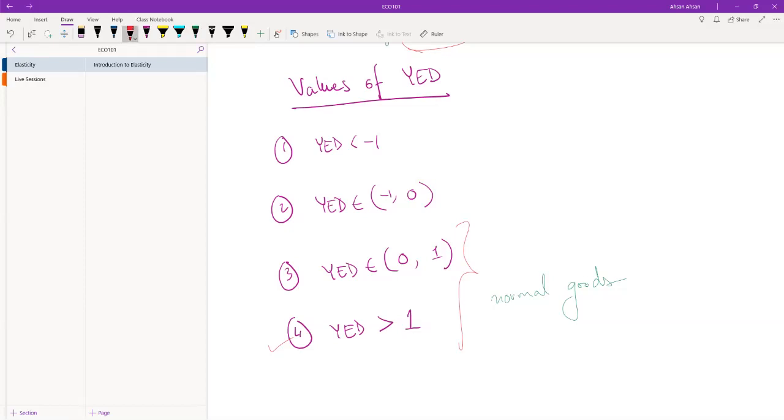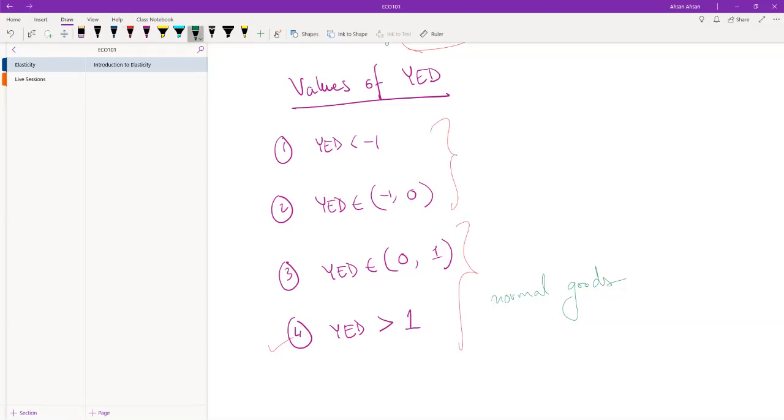Up here, however, we have negative. So suppose YED is -2. What does that mean? That means that if income increased by 1%, demand will decrease by 2%. Or if income decreased by 2%, demand will increase by 2%.